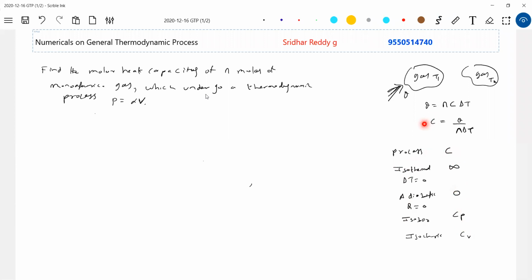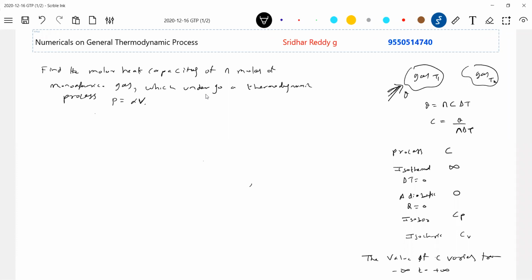Altogether, this molar capacity's value ranges from minus infinity to plus infinity. In general, the value of C varies from minus infinity to plus infinity.